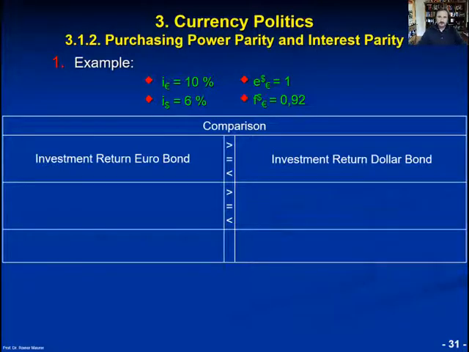Let's assume we invest €1, so after 1 year our return will be €1 times the interest factor. If you fill in the euro interest rate of 10%, this yields a revenue of €1.1 after 1 year.